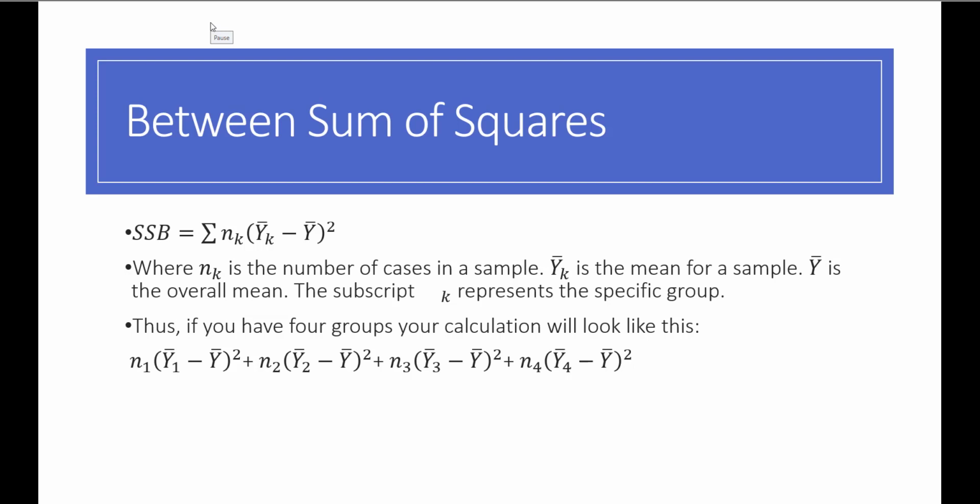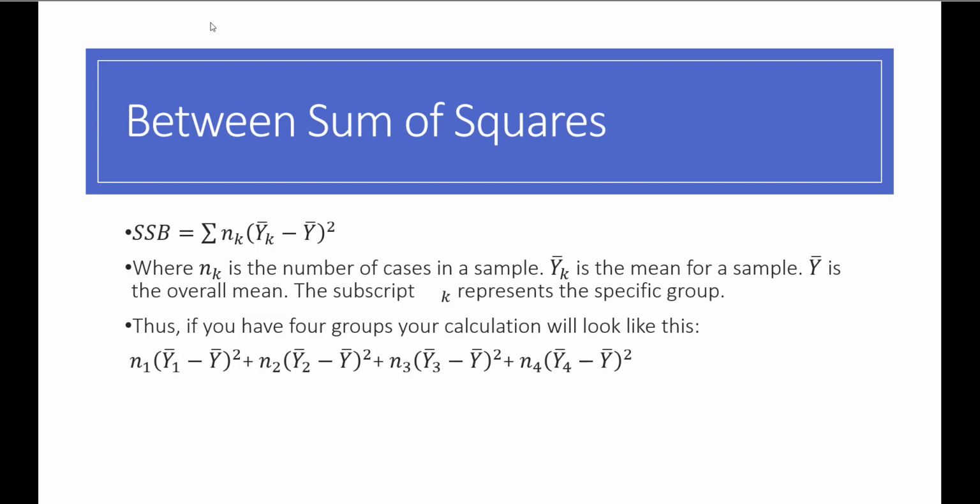Between sum of squares is calculated by adding up n sub k, which is the number of cases in each sample, times the mean for the sample minus the overall mean for the data set, squared. We're going to add all those up.